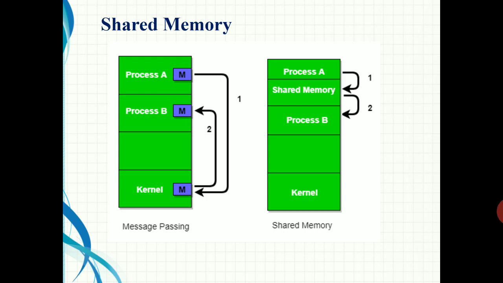There is a chance that more than one process can write data through the same shared memory location, so it should be avoided. But in the case of message passing, there is no need to ensure that, because it is using message passing, so there is no need to resolve the conflict that happens in shared memory.